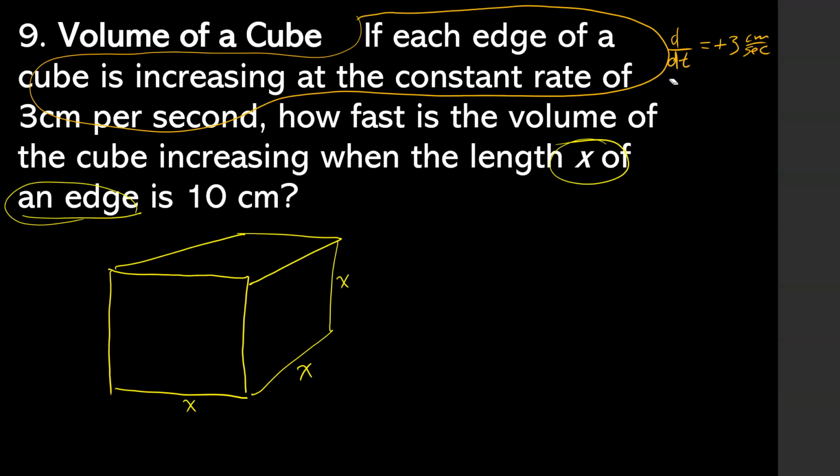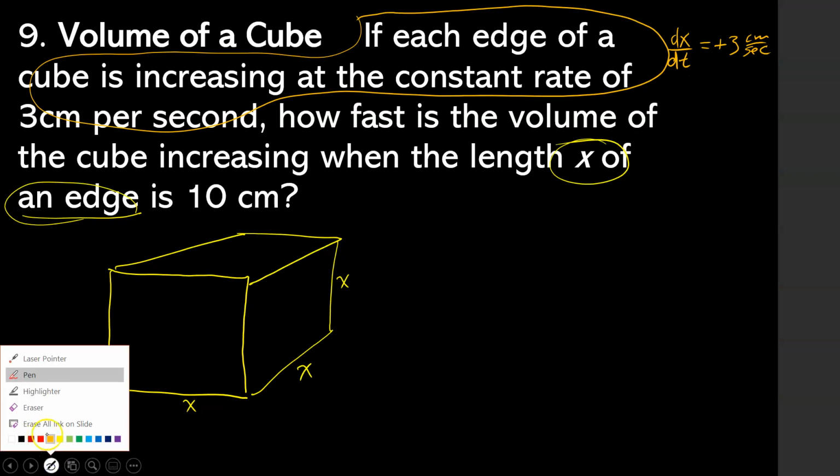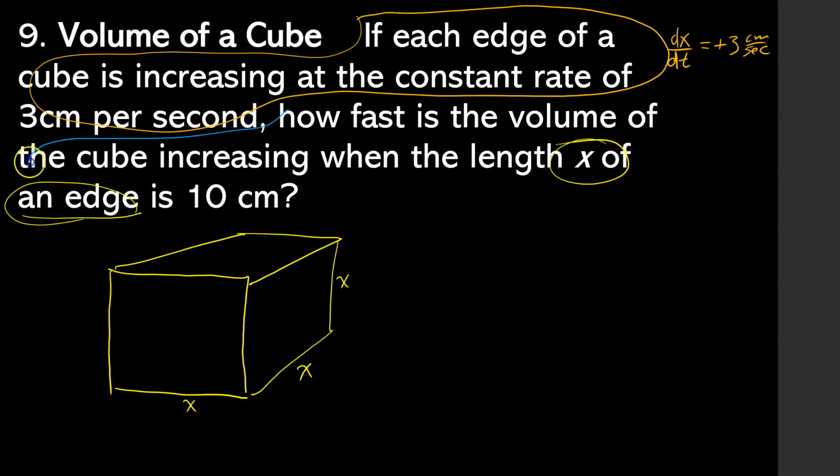And, well, the length of an edge is x, so when each edge is changing, that's the rate dx/dt. The rate of change of the side length x with respect to the change in time is always 3 centimeters per second. Okay. How fast is the volume of the cube increasing is the next thing we can pull out.